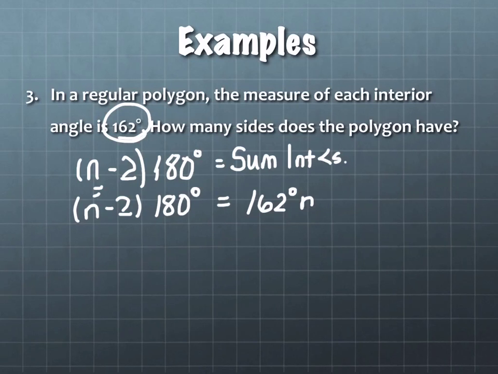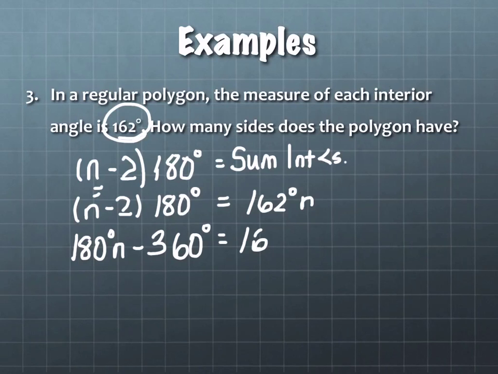And at this point, I have an algebra equation, right? So if we distribute this out, I have 180 degrees times n minus 360 degrees equals 162 degrees n.